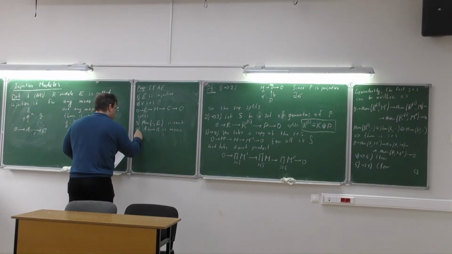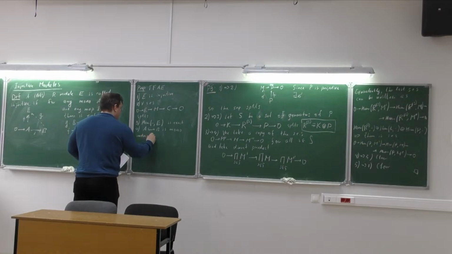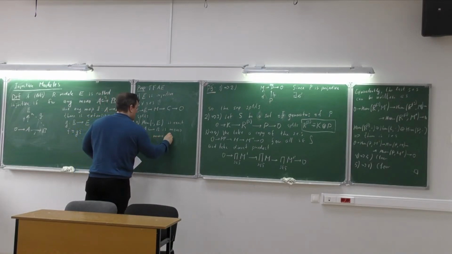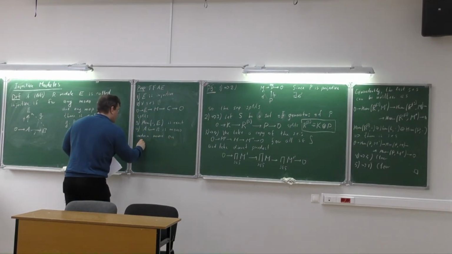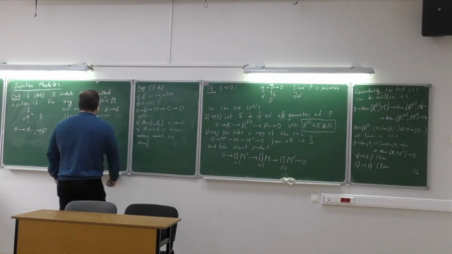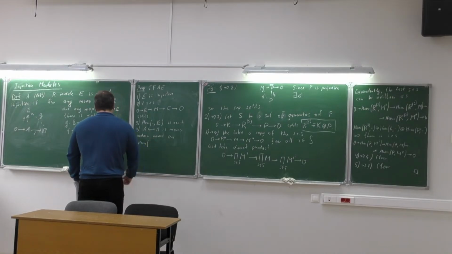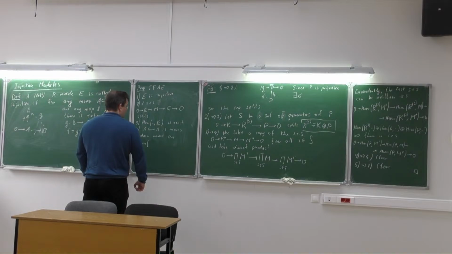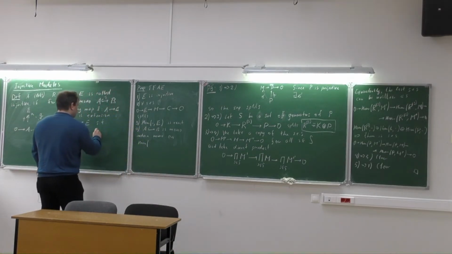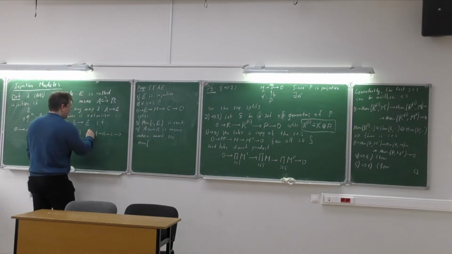So mono induces on the Homs. So Hom A, B, C. Now I apply Hom into E, so that's a contravariant thing.